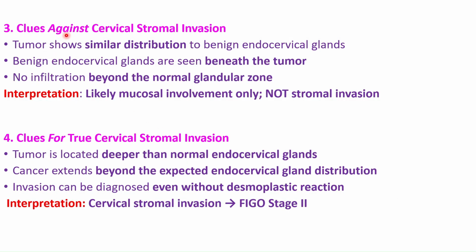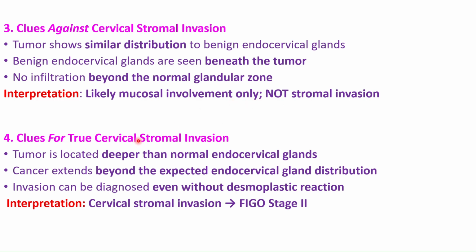So what are the clues against cervical stromal invasion? The tumor shows a similar distribution to benign endocervical glands. These benign endocervical glands are seen beneath the tumor. No infiltration beyond the normal glandular zone. So this is not stromal invasion, only mucosal involvement is there.